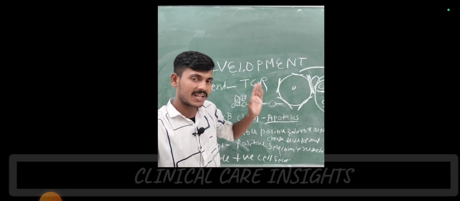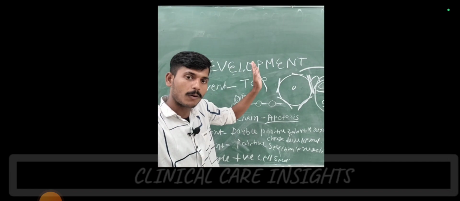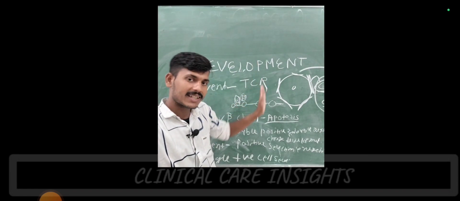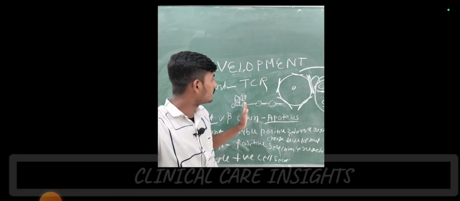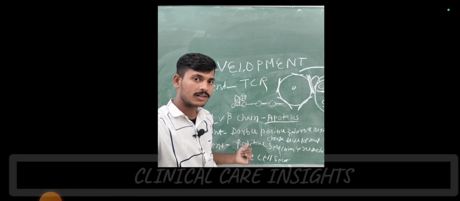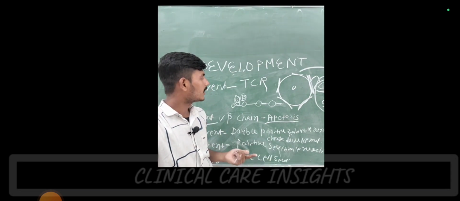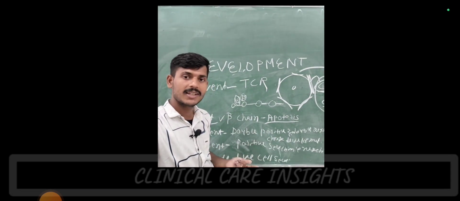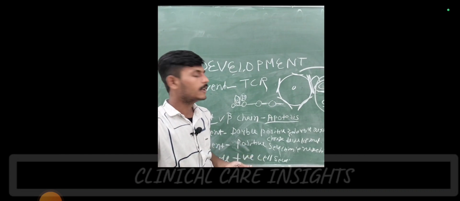Those pluripotent stem cells divide into two parts. The first type is involved in the production of T cells, B cells, or natural killer cells; that's called the lymphoid progenitor cells. The other is the myeloid progenitor cell, which is concerned with the formation of RBCs and the rest of the WBCs, the granulocytes like eosinophil, basophil, neutrophil, and the platelets.